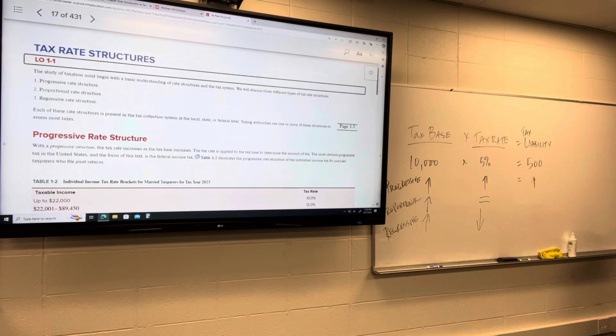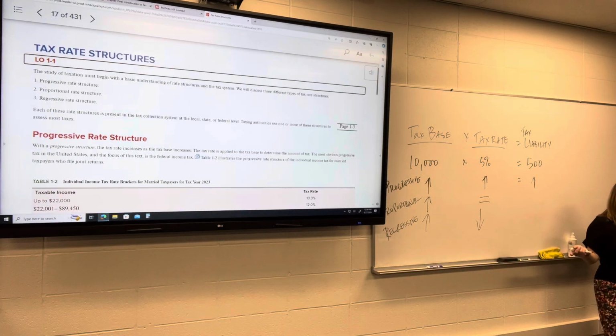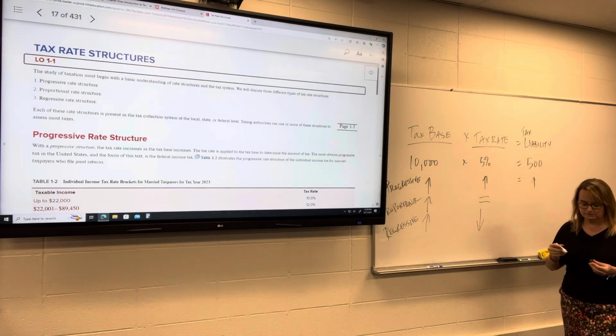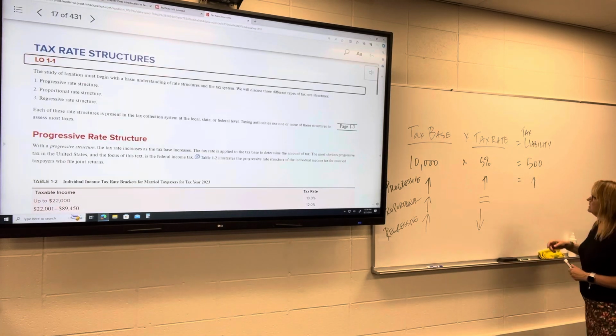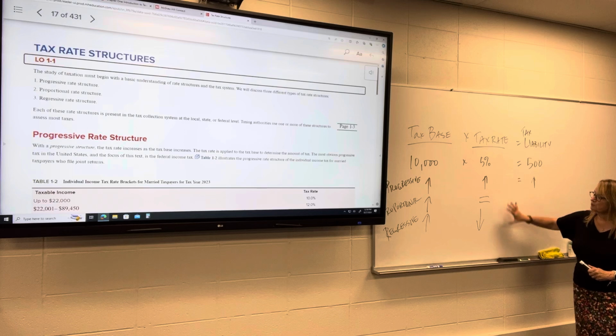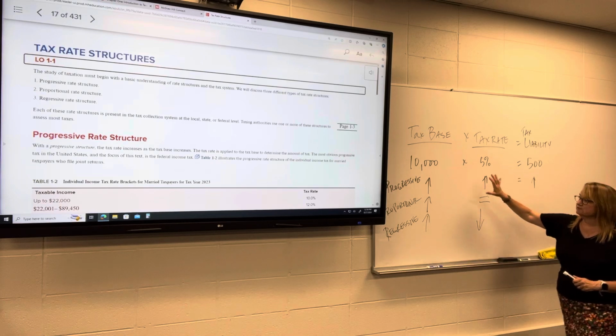So once we reach a certain wage amount, any additional income that is earned is not subject to Social Security tax anymore. And that amount is roughly $160,000, something like that. Okay? So this pretty much summarizes the difference between those.